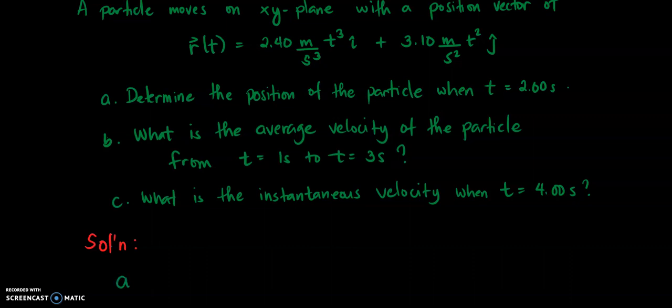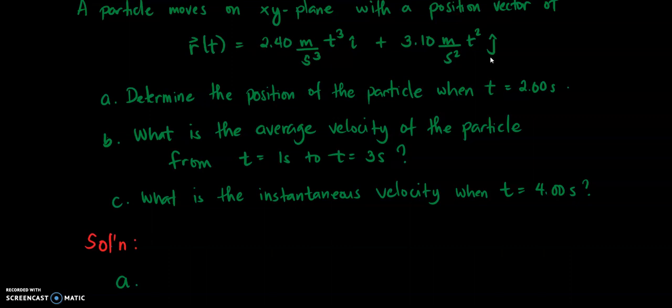Okay, for letter A, we will determine the position of the particle when t is equal to 2 seconds. Given this equation, r of t is equal to 2.40 m/s³ t³ i hat plus 3.10 m/s² t² j hat. We will just evaluate this function by substituting t equal to 2 seconds.